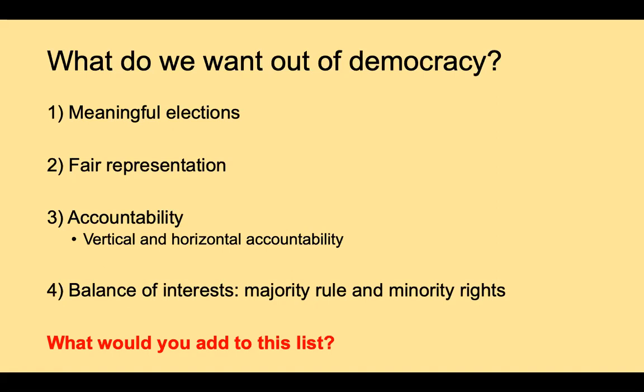And so maybe what we can add to this list, in addition to responsiveness, is a proportional representation or proportional rule, and maybe a system that would give representation to minorities within districts and not give the entire constituency to the winner of the plurality.